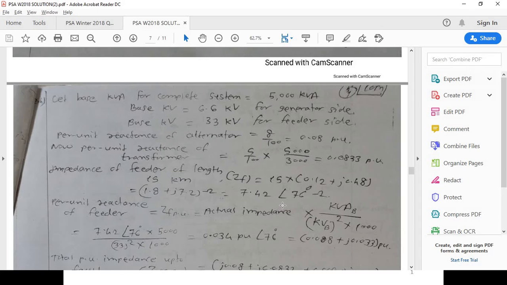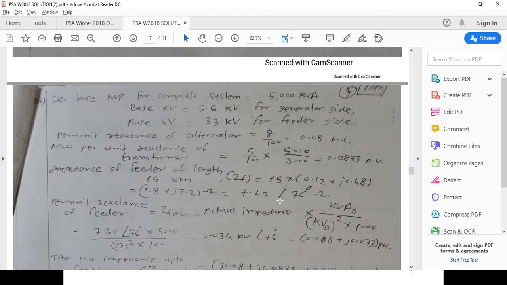Now we will calculate the per unit reactance of the feeder. So ZF per unit is equal to actual impedance into kVA base upon kV base squared into 1000. Why this 1000? Because the actual formula is MVA base upon kV base squared. Since we have considered kVA base, that's why it is divided by 1000. So what is the actual value?